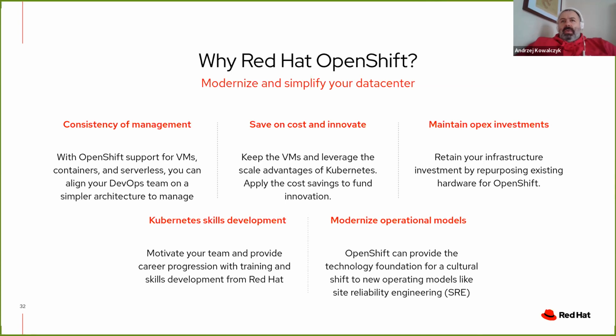People are looking mostly for Kubernetes. So this is important, that you can improve it. And you can modernize the operational model right now. So this is a common platform for a new DevOps team and for your SRE engineers. So this is OpenShift Virtualization.